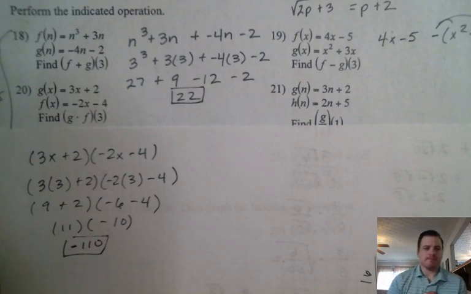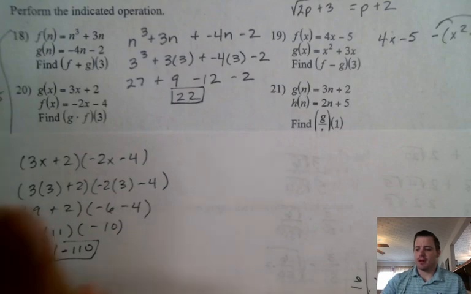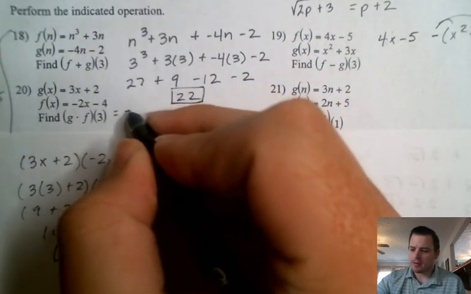All right, there we go. That's 20. 20 is equal to negative 110.